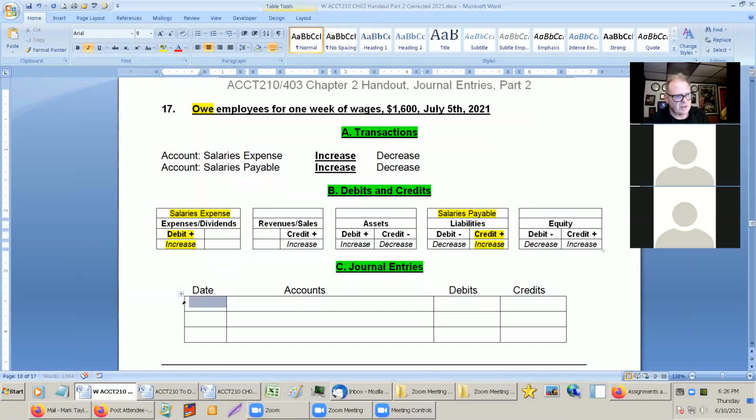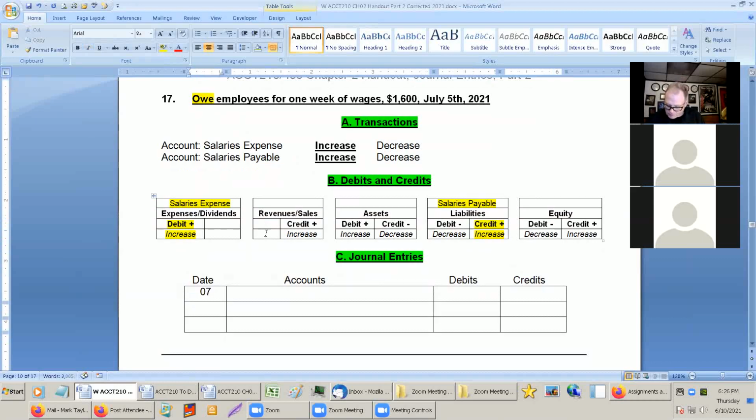So the debit is the expense. Again, I don't care about the order, whether you put your debits first or credits first.